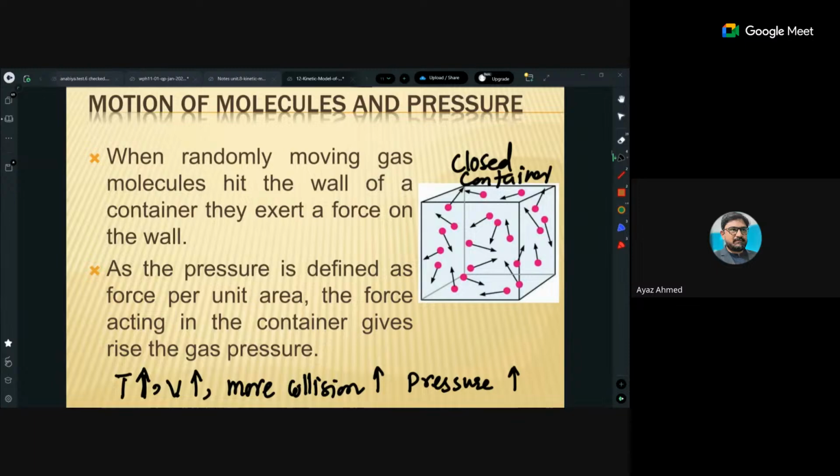That is why when you place a pressure cooker for a long time on the burner, then what happens? It bursts out. It happens like that, right?